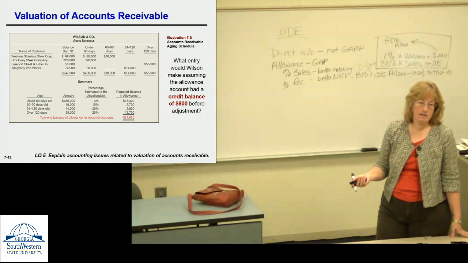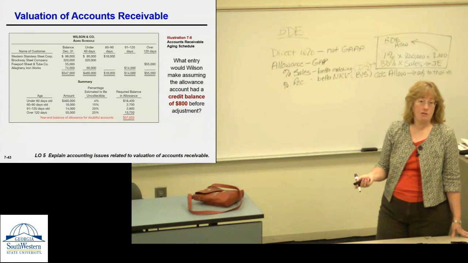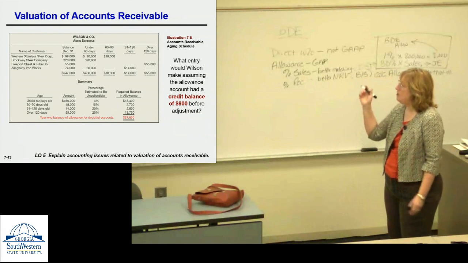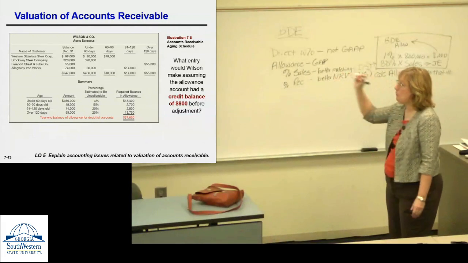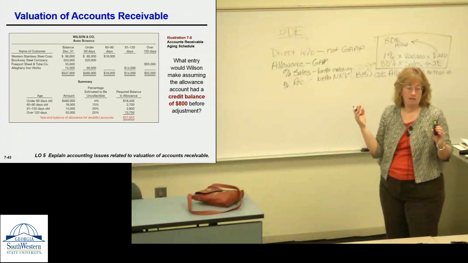Our allowance for doubtful accounts? Credit. Okay. So it's supposed to have a credit balance, and we want to bring it from a credit balance of $800 to a credit balance of $37,650. So what do we do?